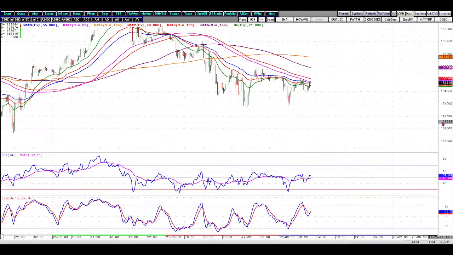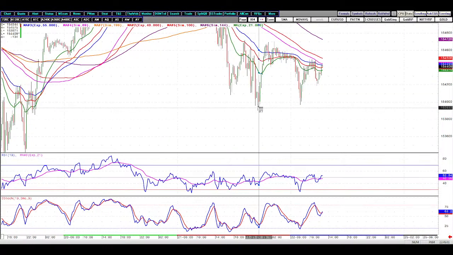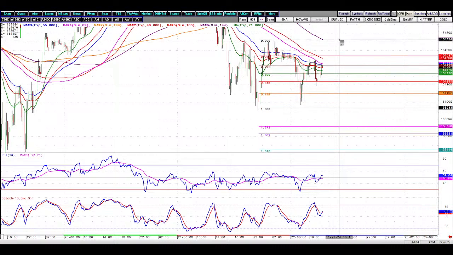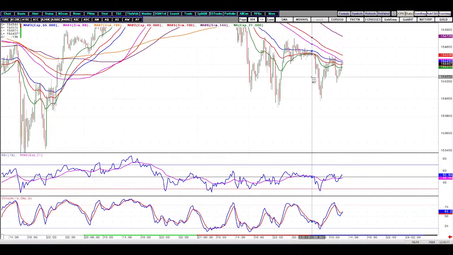So all we can see is we may see the market turning from here down, and we need to see the price break. Remember earlier on I said 154.20. So if 154.20 breaks, then we should see the market testing about 153.90, 95. Then if this breaks, then definitely we can see an extension towards 153.60, previous low 30, and even lower.